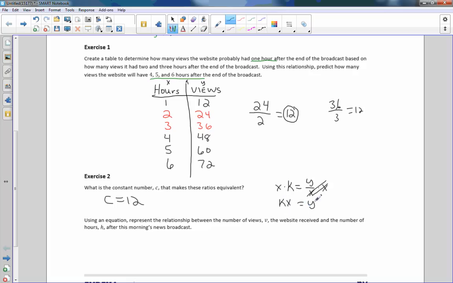Then if I use symmetry to flip it around, Y equals KX. So that's the equation I want to use right there.